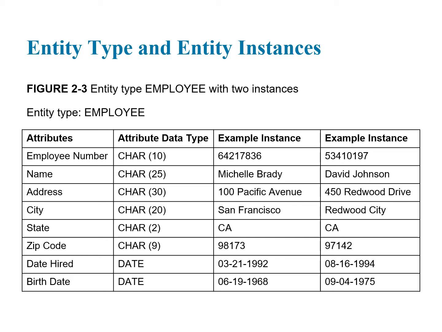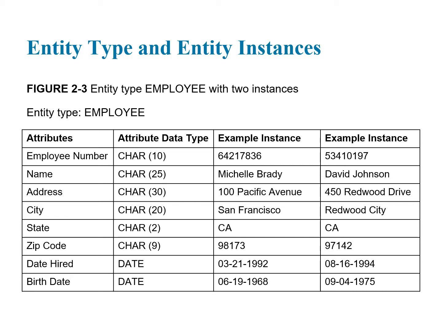Entity type and entity instance. Figure 2-3. Entity type employee with two instances. Here we see the distinction between an entity type and an entity instance. The entity type is represented in the first two columns of this figure. It includes the names of the various attributes.